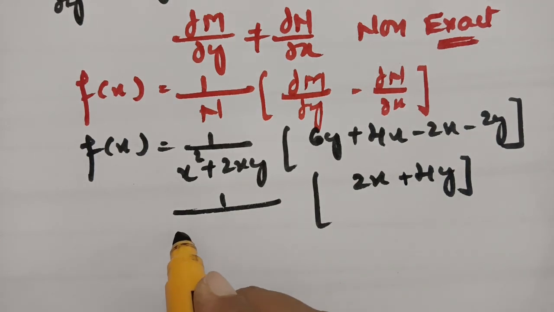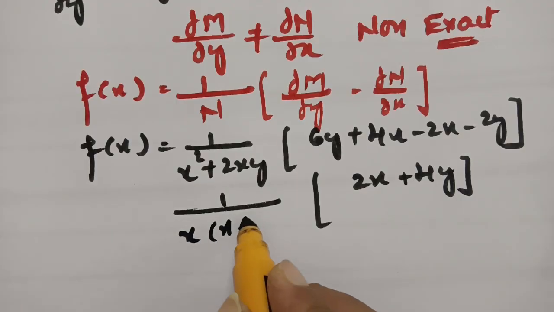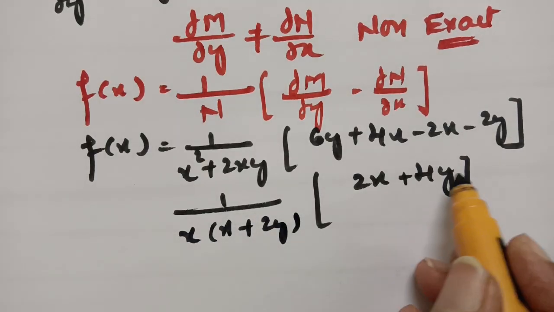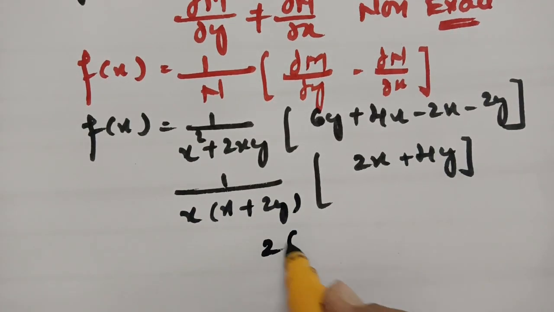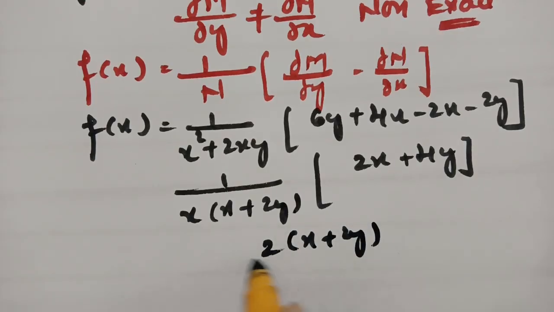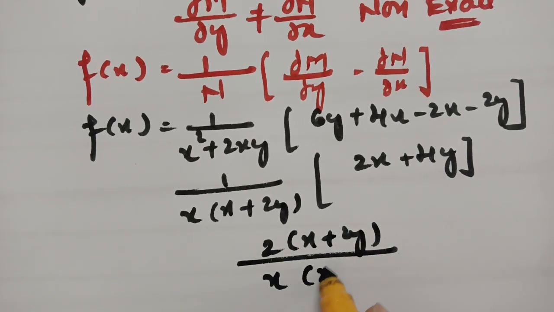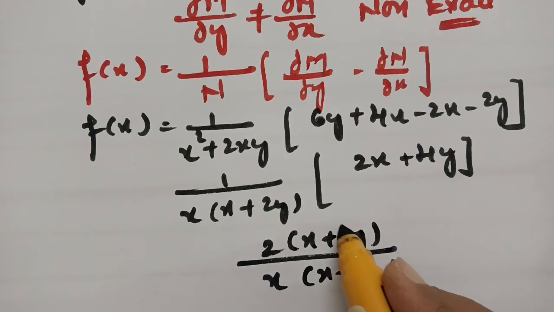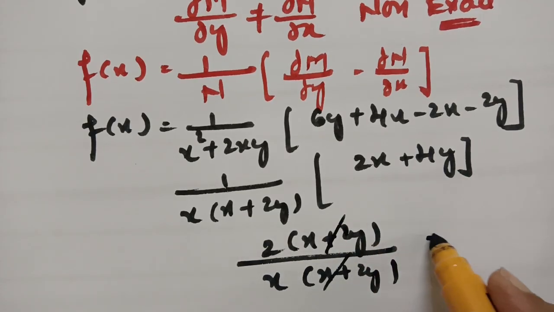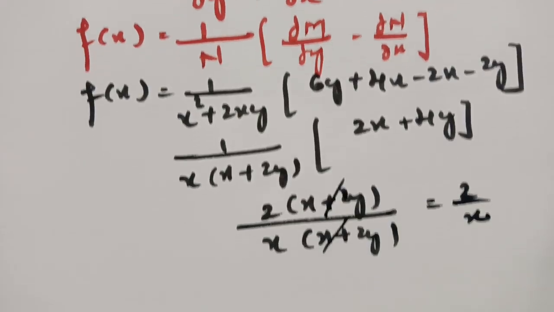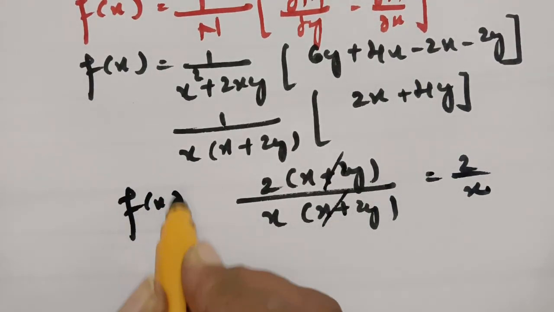If I take 2 common in the numerator, this is x plus 2y, and in the denominator it is x times x plus 2y. Clear? Now I can cancel these, and f of x is 2 by x.